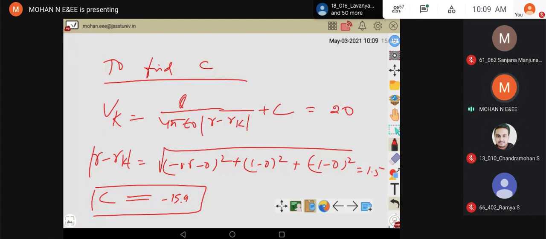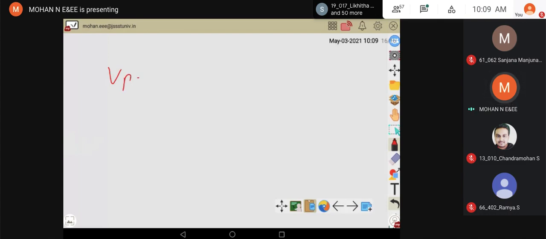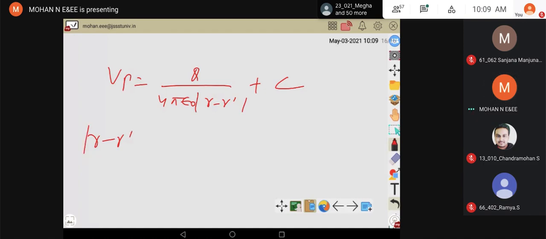Okay, minus 15.97. Yes, use this one in the standard expression, Q by 4 pi epsilon naught (R minus R dash) plus C. R minus R dash is same as before.